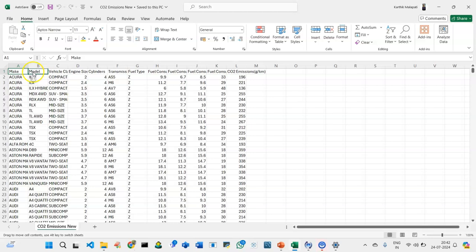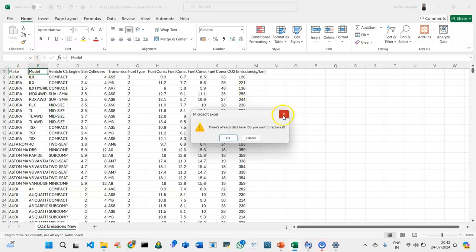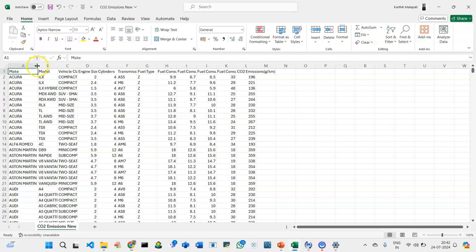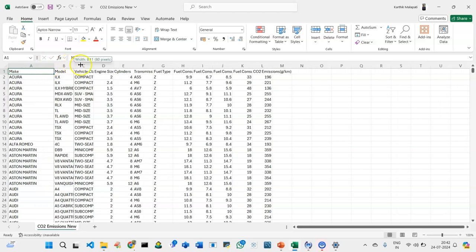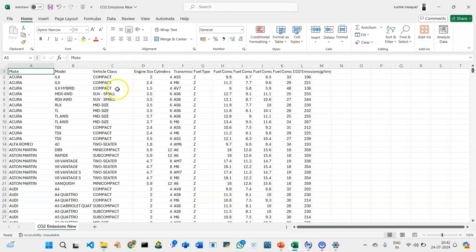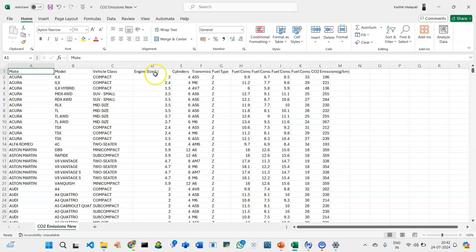The first column shows the make, the manufacturer, and the second column, model, shows which model it is. Column C shows vehicle class like compact, SUV, mid-size, mini. The fourth column shows engine size, like 2.4 liter, 2 liter, 1.5, 3.7, 5.9.